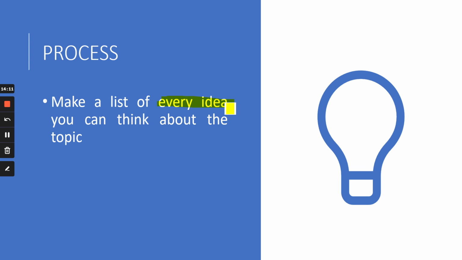All right, for example, problems of population. Okay, so I can say unemployment, poverty. So these are the ideas. So I will make a list: unemployment, poverty, then traffic, okay, then lack of resources. All right, then what else can you have?